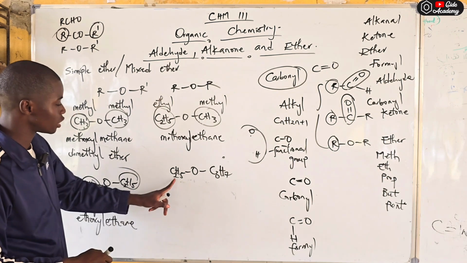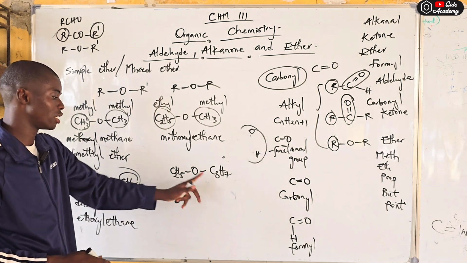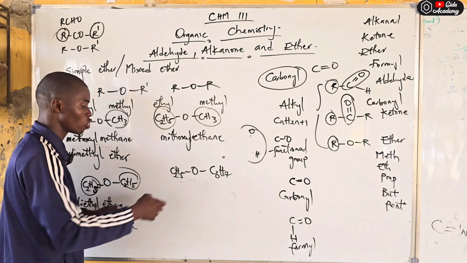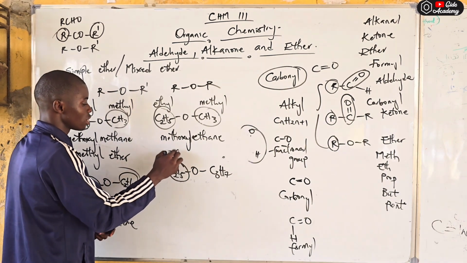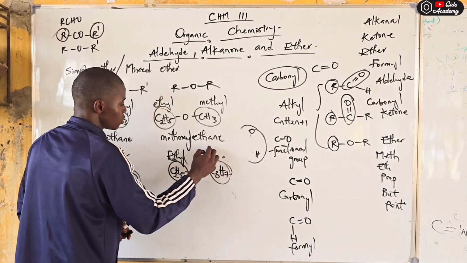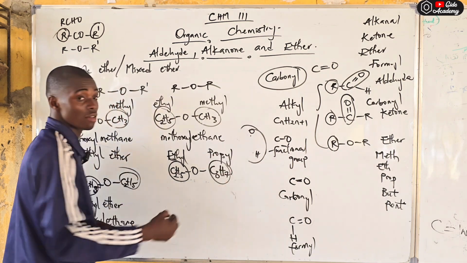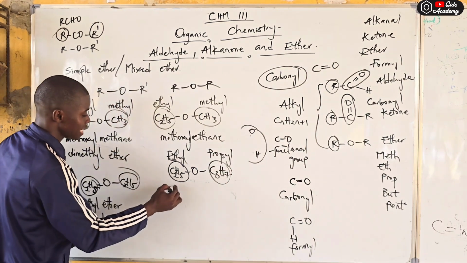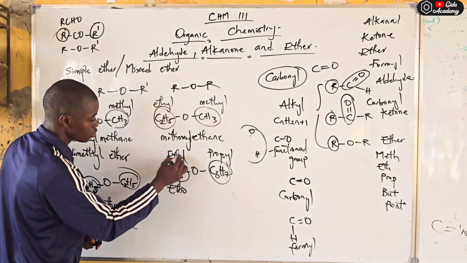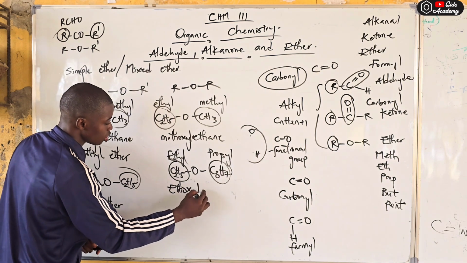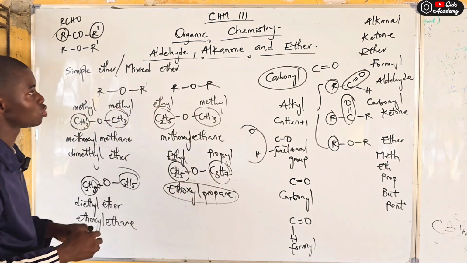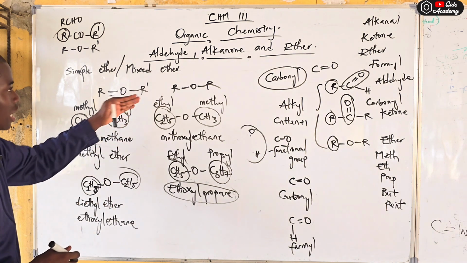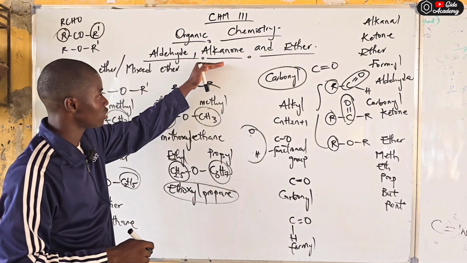Is it from the two carbon atoms or from the three carbon atoms? I said follow the side that is closer to the functional group, which is the two carbon atoms. Two carbon atoms is ethyl, and the three carbon atoms here is propyl. So what you do here is very, very simple. You just call this ethoxy because the two carbon atoms are closer. Ethoxypropane.